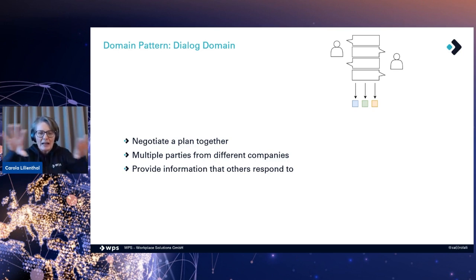So you have different roles that discuss and have a dialogue together, not in one company. And then you need a process that is a bit more regulated. You work on the same result together, but you have a dialogue, and you cannot just work on the result like on a blackboard.